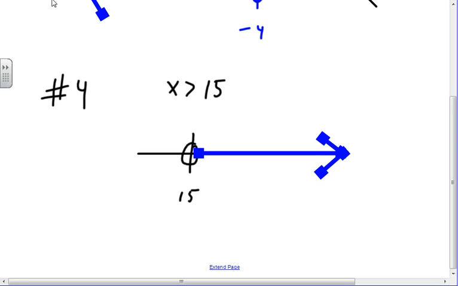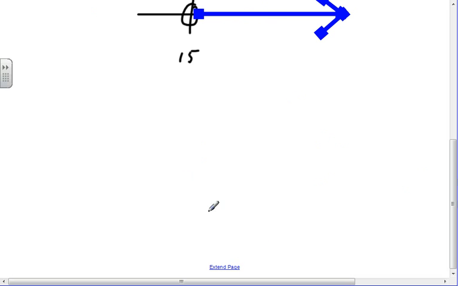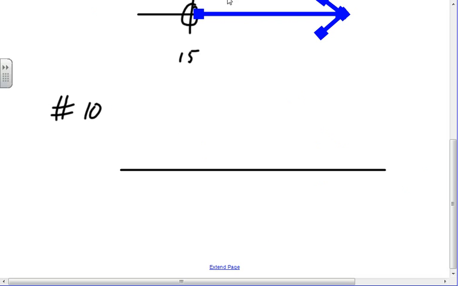All right. So now we're going to try number 10. Number 10 says x is less than 0, or x is greater than or equal to 5.